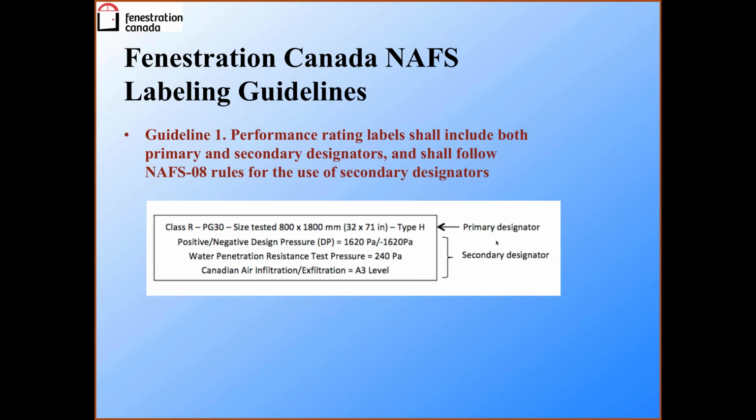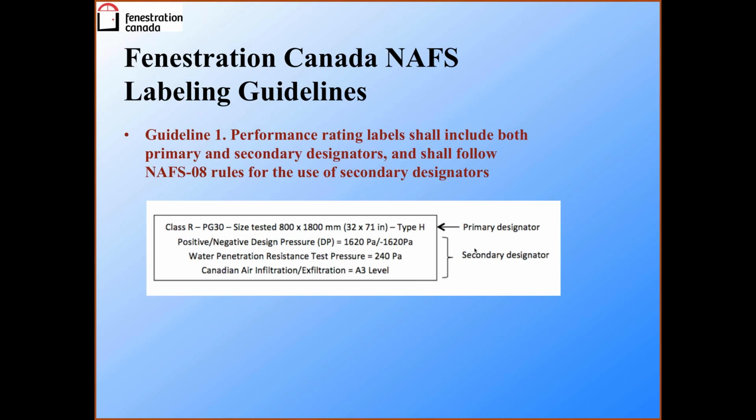So guideline number 1 says the performance rating labels shall include both the primary and secondary designator and shall follow the NAFS 08 rules for use of the secondary designator. This guideline is making it known that NAFS spells out, if you use the secondary designator, how it has to look. And then the Canadian supplement says, in Canada, you shall use the secondary designator, where in the NAFS document, it's optional.